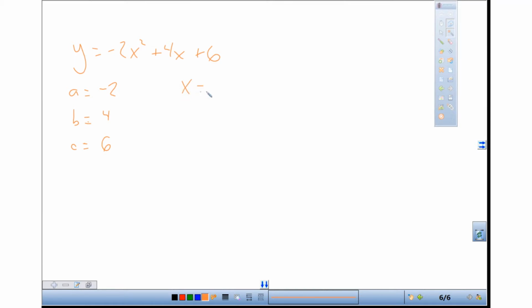Recall that to find the vertex, you have to do -b over 2 times a, which means x is going to equal -4 over 2 times -2, which gives you 1. So our x value is 1. To find our y value for our vertex, we have to plug this back in.